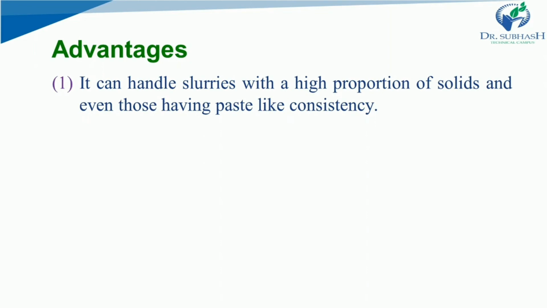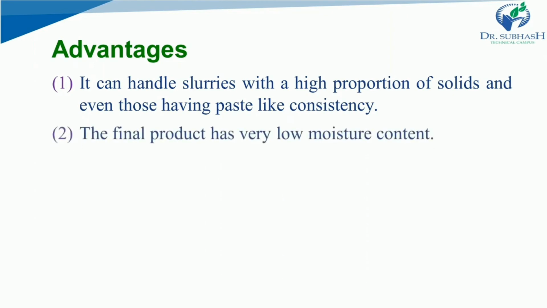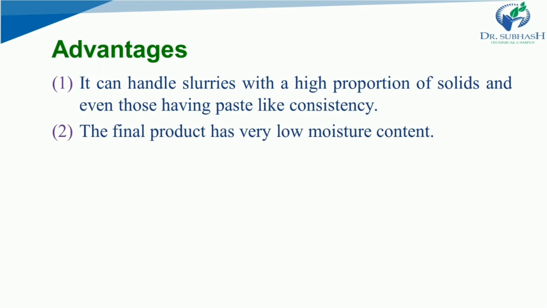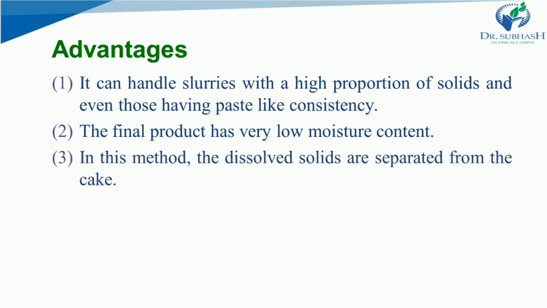So here it can handle slurries which have a high proportion of solid and even a paste-like consistency. The final product has very low moisture content. In this method, the dissolved solids are also separated from the cake, where if the cake is formed, the dissolved solids are separated via filtration centrifugation.